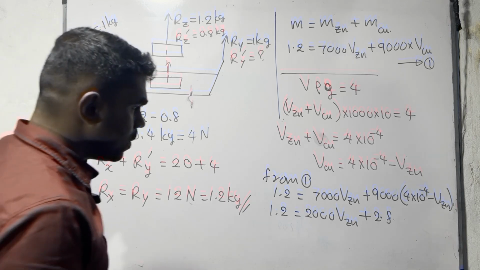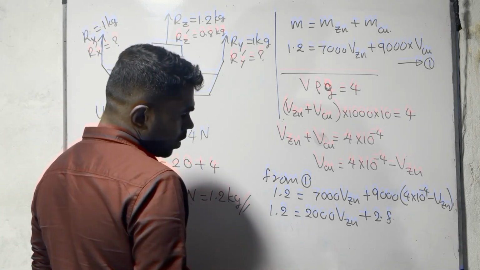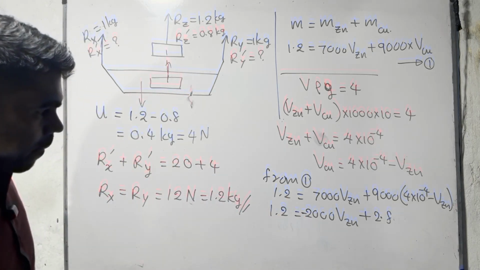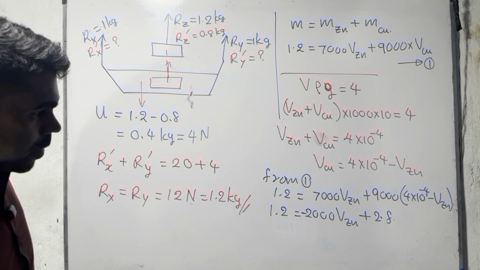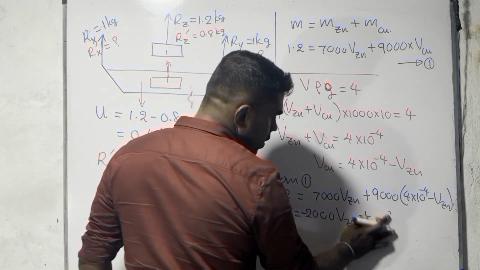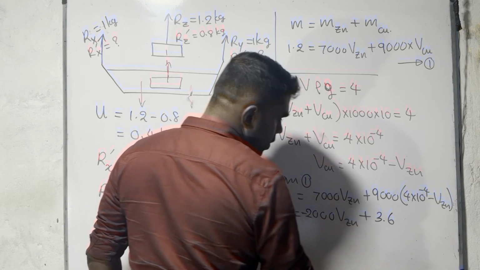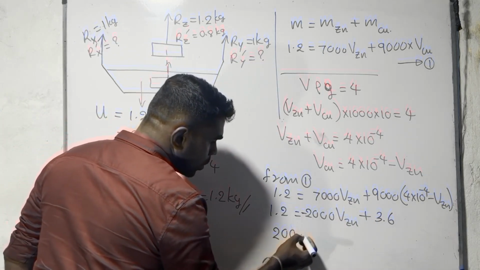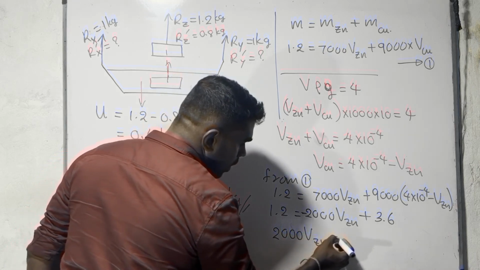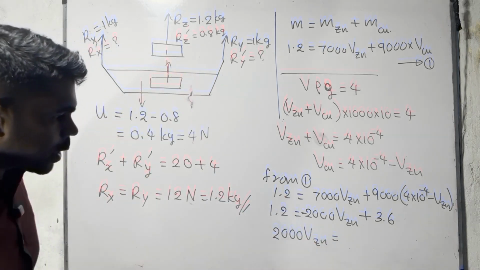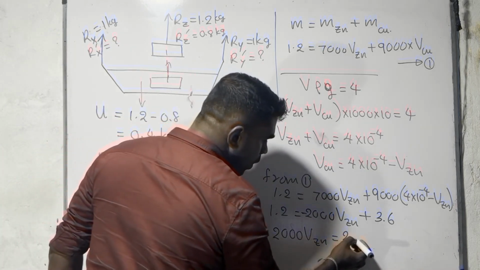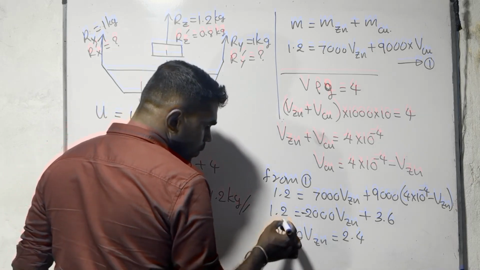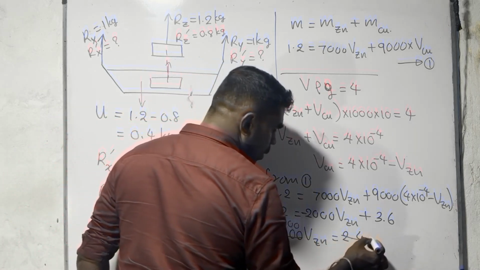Now we can obtain minus 2000 V zinc. 9 into 4, 36, 3.6. And we can obtain 2000 V zinc equals 3.6 minus 1.2, 2.4. Divide by 2, 1000. Divide by 2, 1.2.